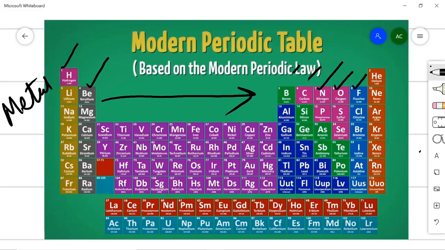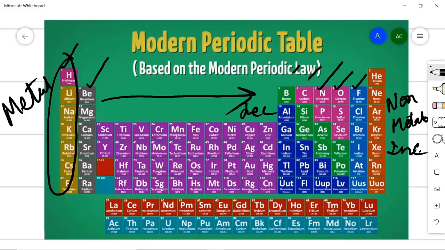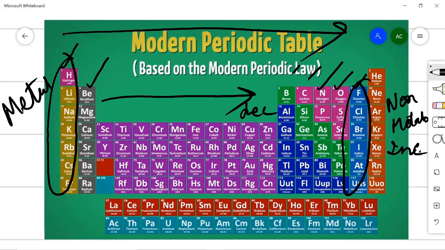These are the most highly metallic, and these are highly non-metallic. So from metals we are going towards non-metals, and the metallic character decreases and the non-metallic character increases.